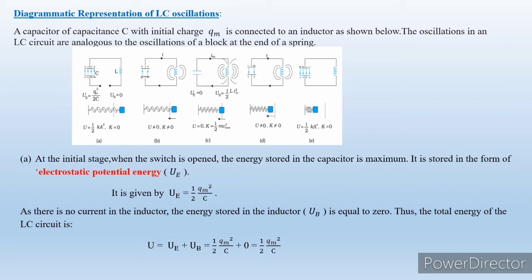It is stored in the form of electrostatic potential energy UE, given by UE equals half Qm square by C. As there is no current in the inductor, the energy stored in the inductor, UB, is equal to 0. Thus, the total energy of the LC circuit is U equals UE plus UB, which is half Qm square by C plus 0, equal to half Qm square by C.